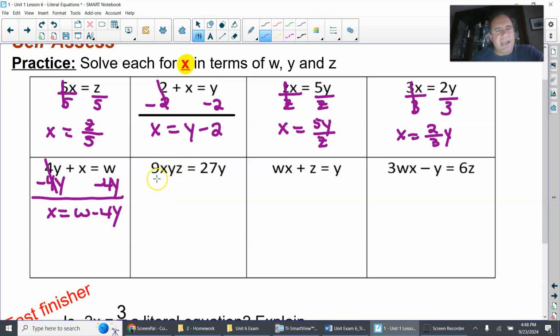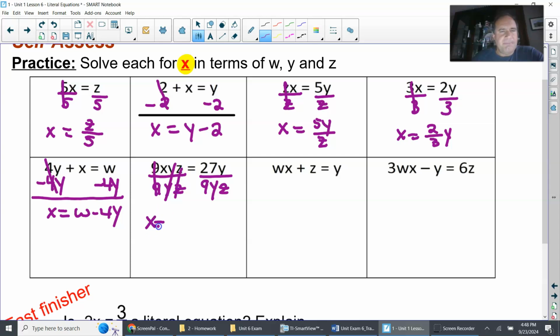This is all attached by multiplication. 9x, y, and z. Opposite of multiplication is division. We are going to divide by whatever you want to cancel. So 9y, z. This cancels, and the z's cancel.